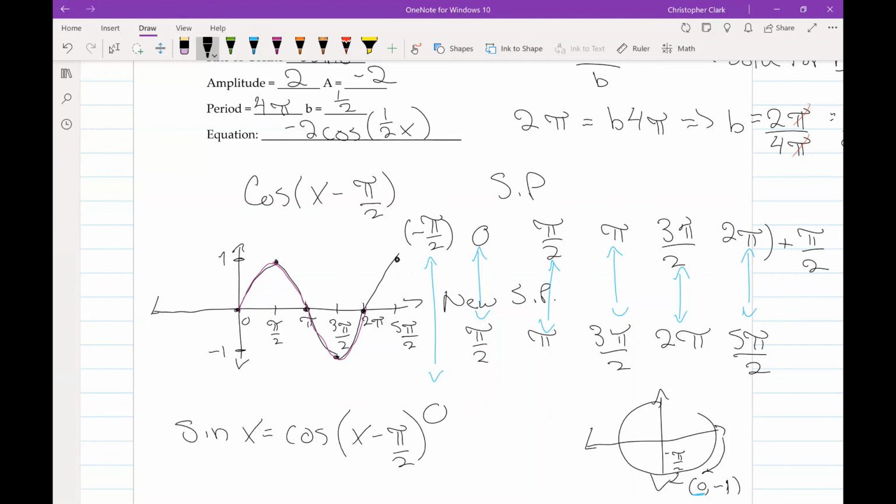So this minus pi over 2 we'll call a shift. In this case, it shifted the cosine function to the right. Now remember, it always does the opposite. Normally we'd think it should be to the left because you're subtracting. Yes, but in the argument, it always does the opposite. It shifts it to the right. And when you shift the cosine function to the right by pi over 2 units, you actually get the sine function. So this is how the two functions relate to each other.